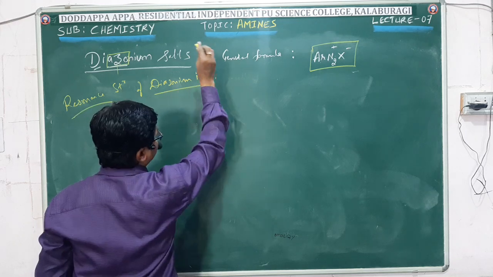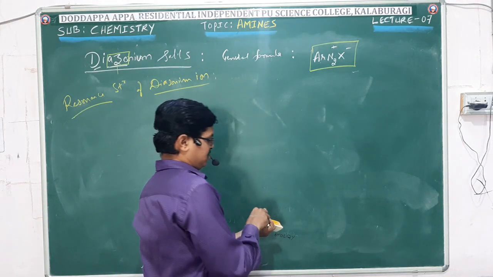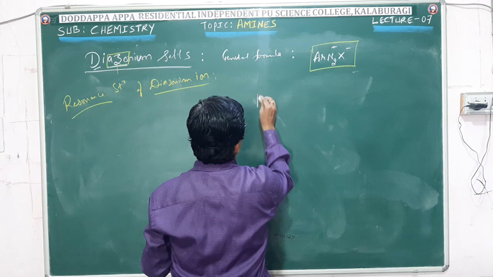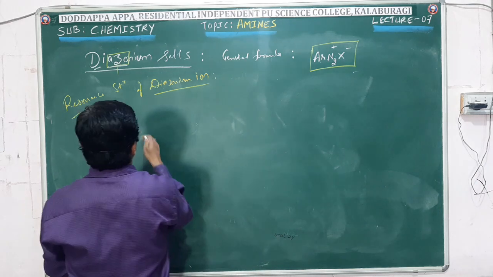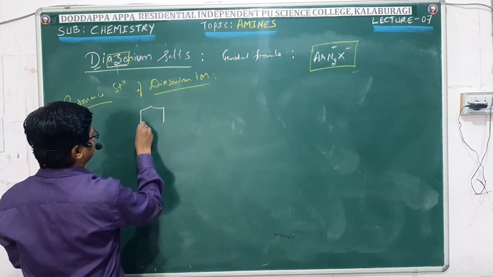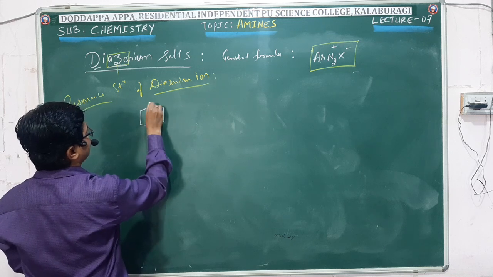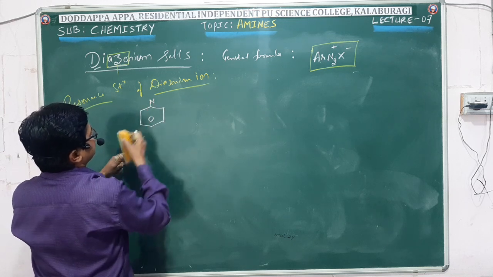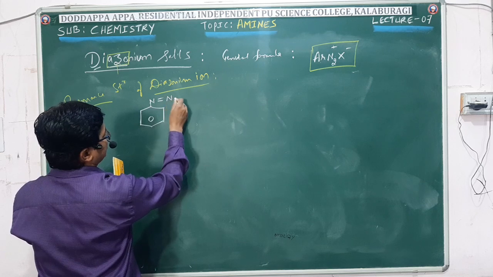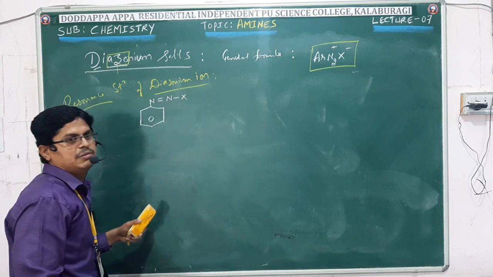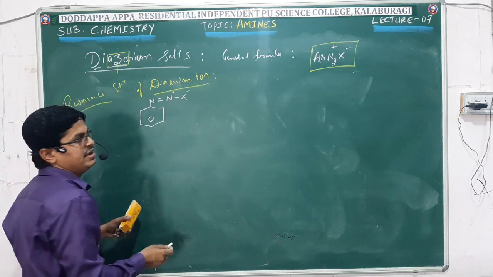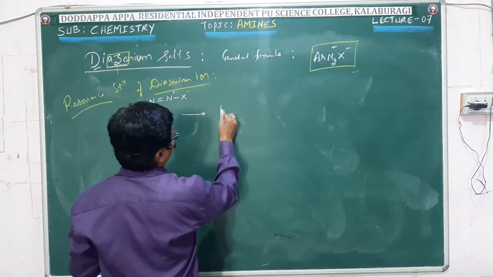Diazonium ion. As we know, the diazonium salt is N double bond N X, with plus and minus charges.